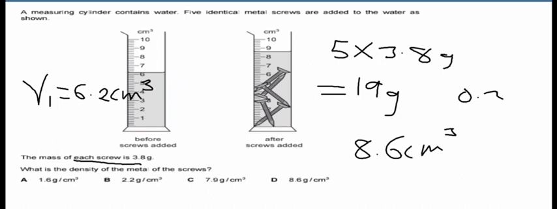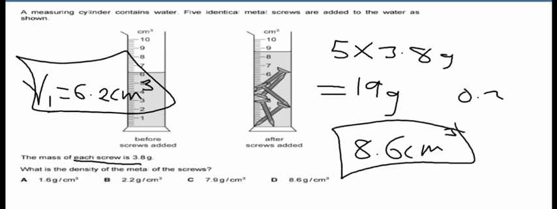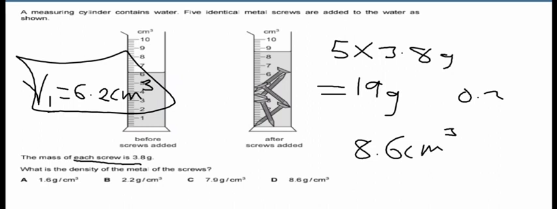Right, so we have the initial volume of water and the total volume of water and the screws. So we need to say volume 2 minus volume 1. Volume 2 is the total volume of the screws and the water.